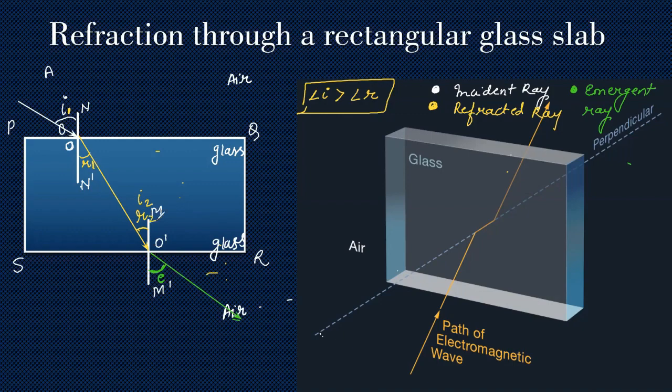So I can say that the angle of refraction R1 is equal to the angle of incidence I2. Both of these angles being inside the glass slab, they are going to be the same. On the contrary, the first angle of incidence and the angle of emergence, in which medium are these? These are in air medium.